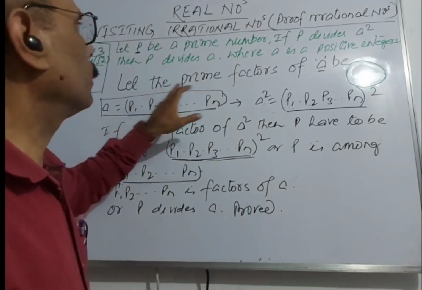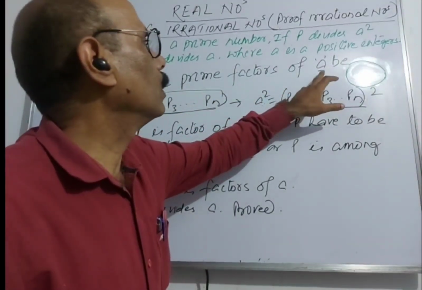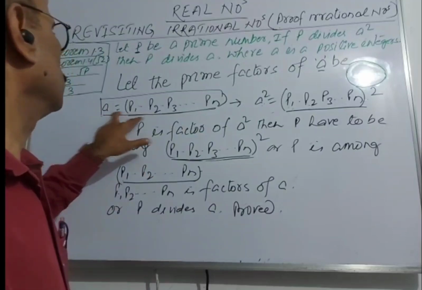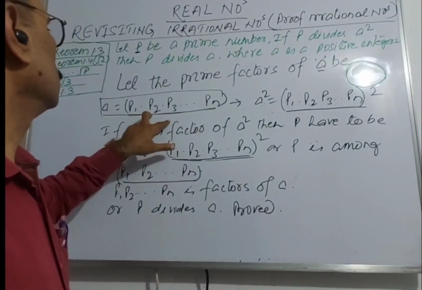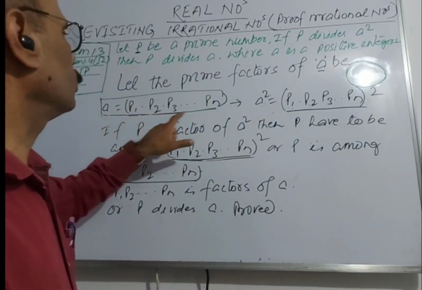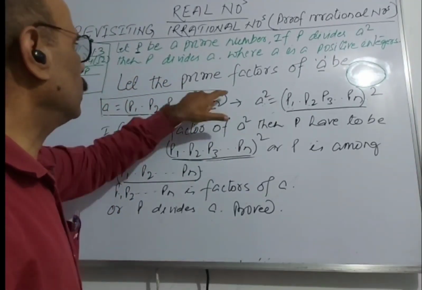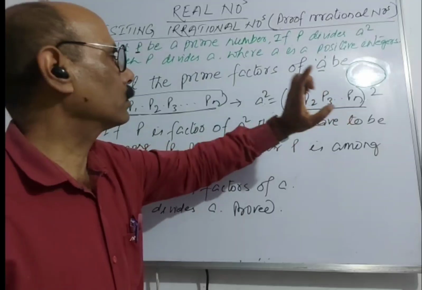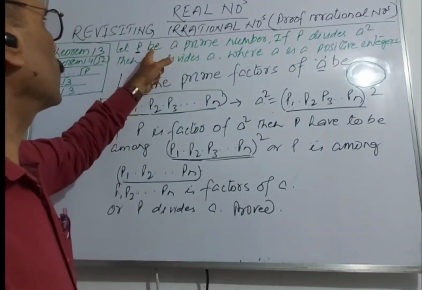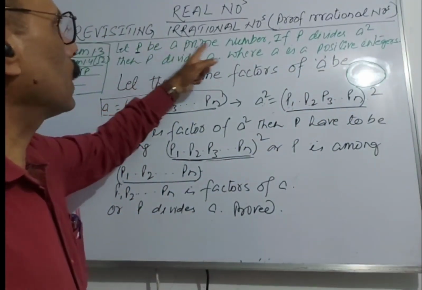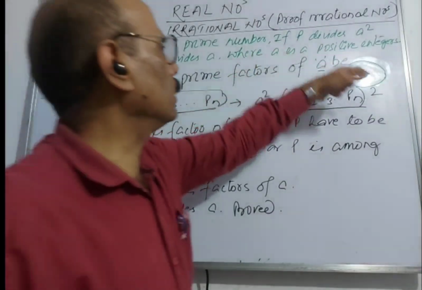Let the prime factors of A be P1, P2, up to Pn. Then if we square, the left side is A square, and the right side is the whole set squared. And as per the theorem, P is a prime number and P divides A square.